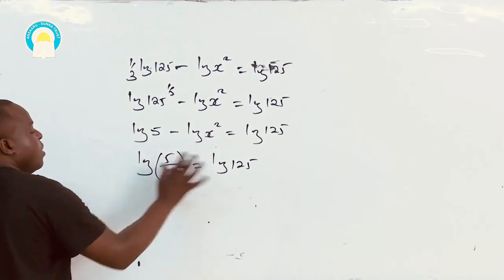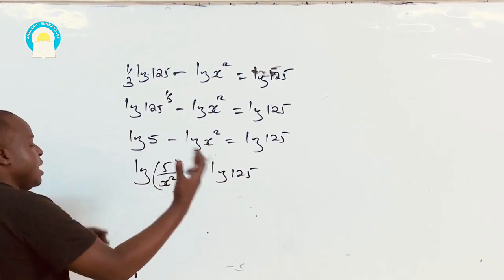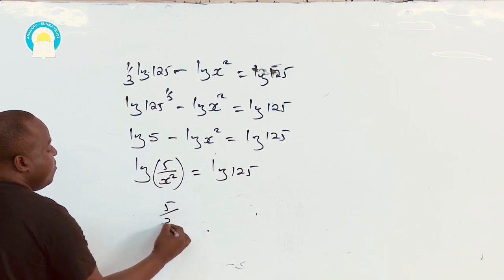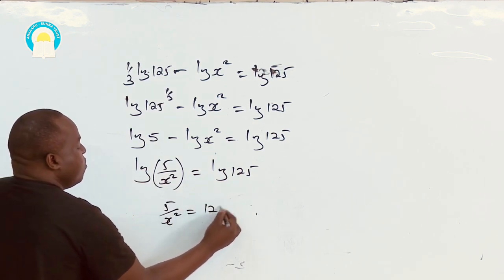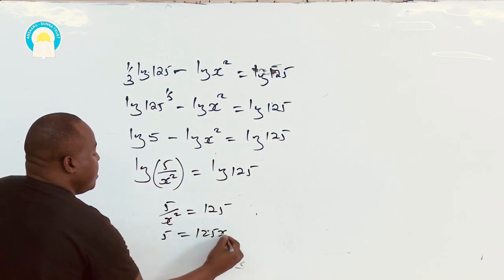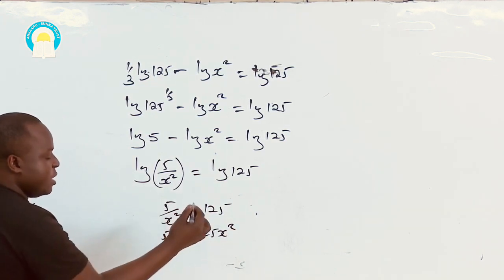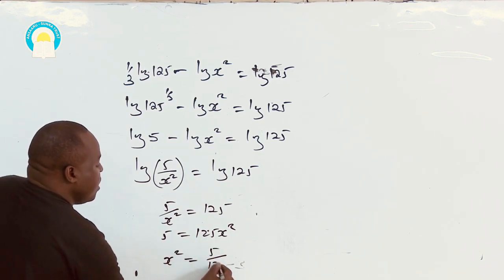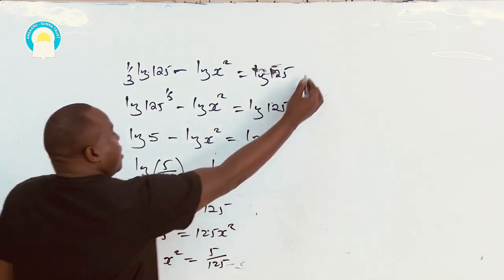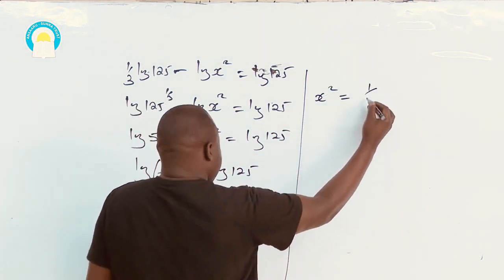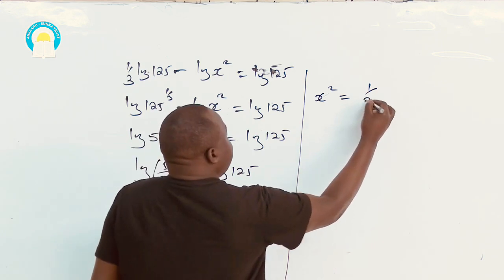Okay, next. Once you have only two terms, one on the right, the other on the left, get rid of the logs, then you'll have 5 over x squared equals 125. Multiplying x squared on both sides gives 5 equals 125x squared, which leaves me with x squared equals 5 over 125, so x squared equals 1 over 25.